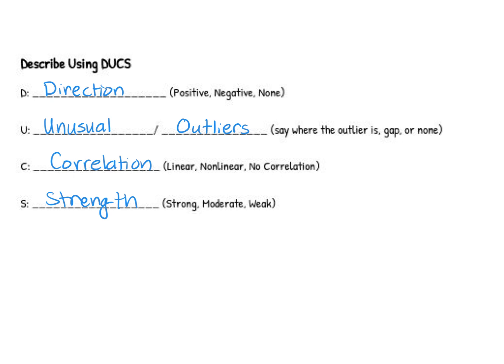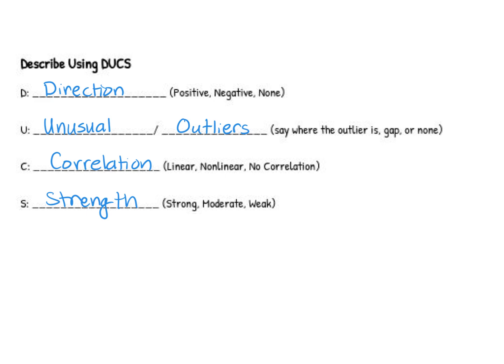The U stands for unusual or outliers. So you might say where an outlier is, or where a gap in your scatter plot is, or maybe there isn't anything unusual about your scatter plot. Next we have correlation. So that would be like your linear, is it nonlinear, does it have no correlation? That's how you describe it there.